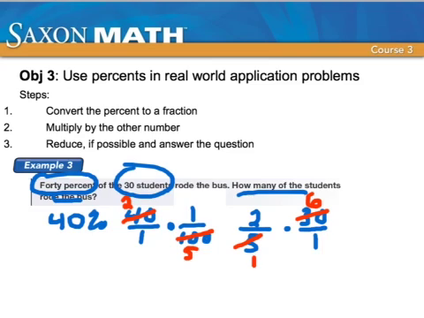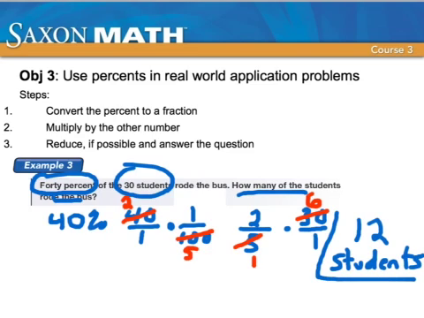And when I multiply, across the top, 2 times 6 is 12. On the bottom, 1 times 1 is 1, so we don't need it. Okay, step 3 says reduce if possible. Well, 12 doesn't reduce. Then we need to answer the question. It says how many students rode the bus? So it's 12 students. That's 40% of the 30 students. It's 12 students. Alright, let's go on to our last example.